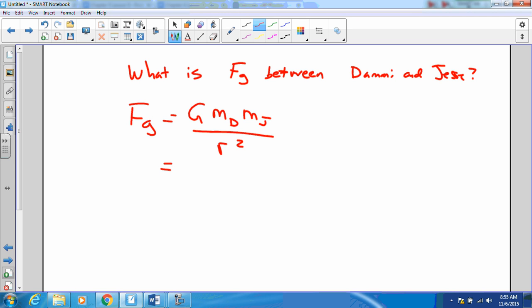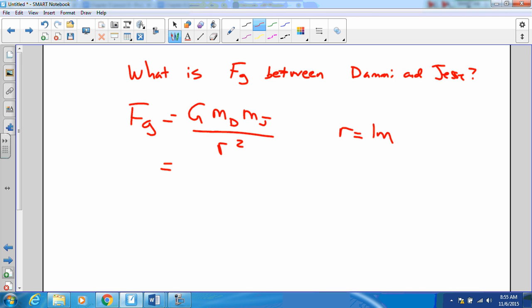Taking a look at the two of them, what would you estimate as the r between them, center to center distance? 1 or 2 meters, somewhere in there. That's right. Remember that a meter is from center to fingertip, and that's about it. So we're going to take r as 1 meter. And how about the masses here?